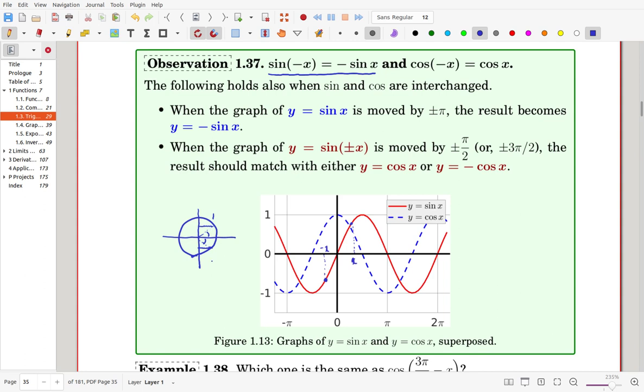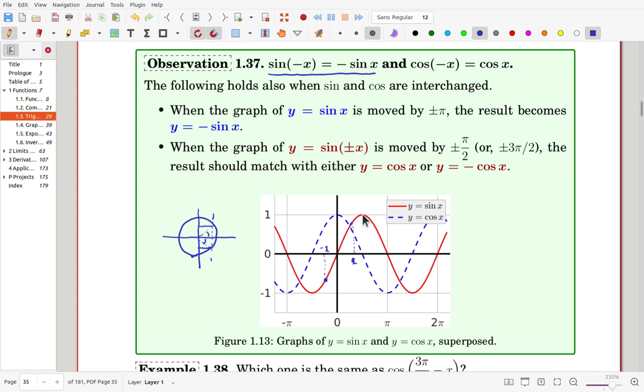But cosine is a horizontal component, either positive x or negative x. The horizontal component is the same, so it satisfies that condition. Cosine minus x is cosine x. Of course, over there in the picture, you can see that once it's x, then the cosine value will be this one, and minus x is also the same height, right?